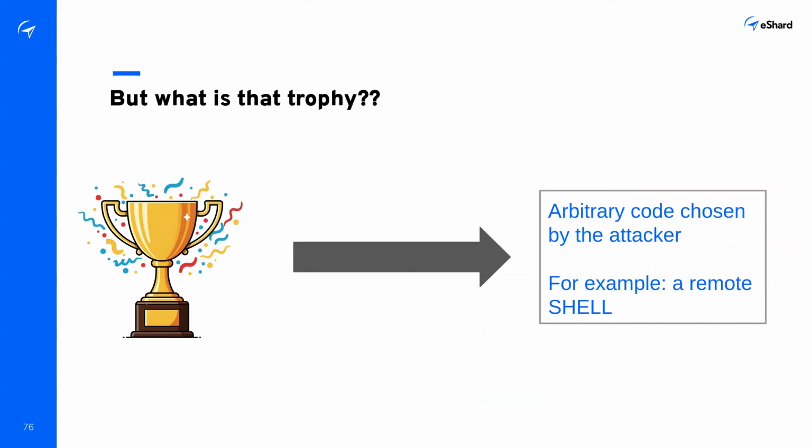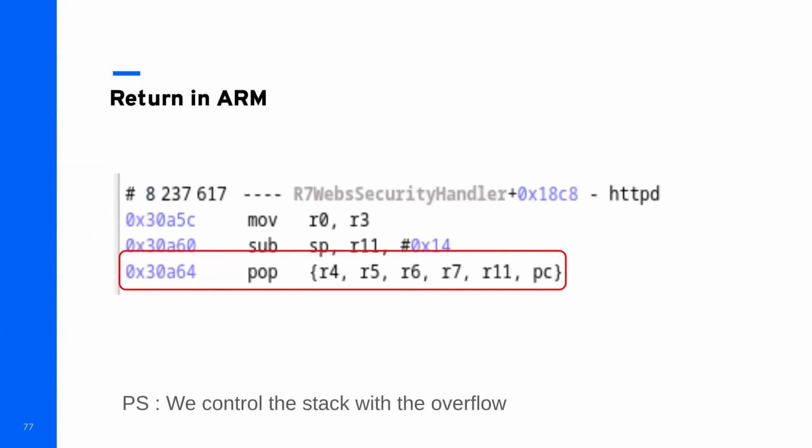It can be anything, right? As long as you build your ROP chain, this is why we had all these little arrows, because it's a chain. In the real world, usually it will be a remote shell to gain control over the router, but it could be anything really. So for us, it's going to be simply a shell.